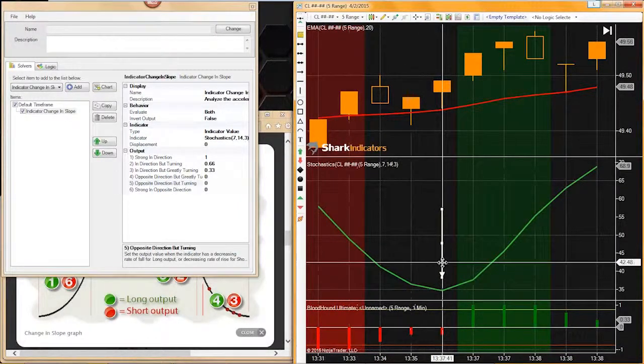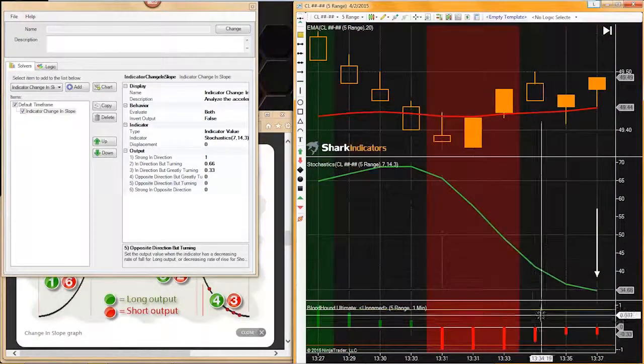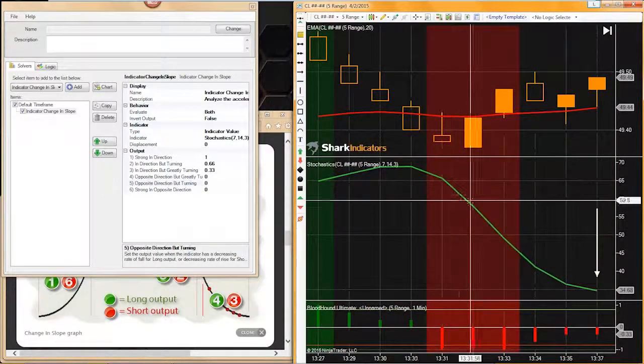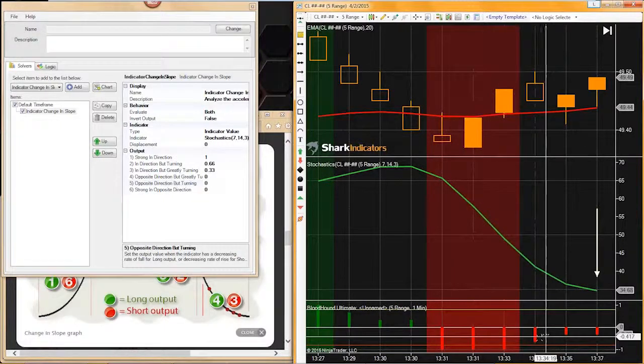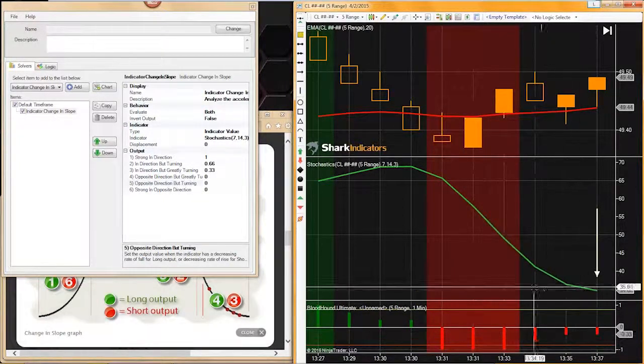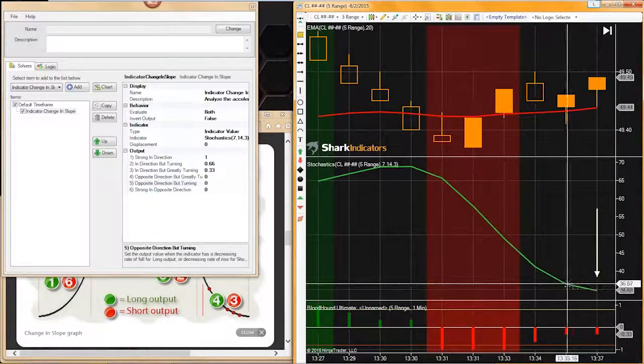So let's take a look at these two bars right here. We can see that the stochastic is sloping down, so we have a short output, and it begins to diminish as the slope begins to flatten out.